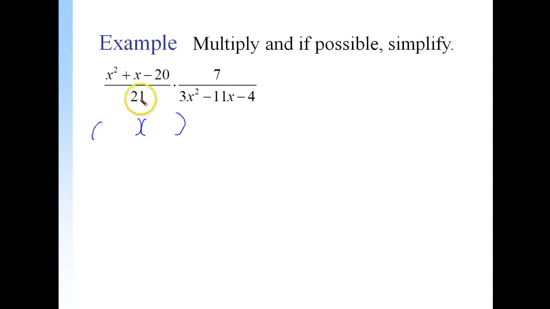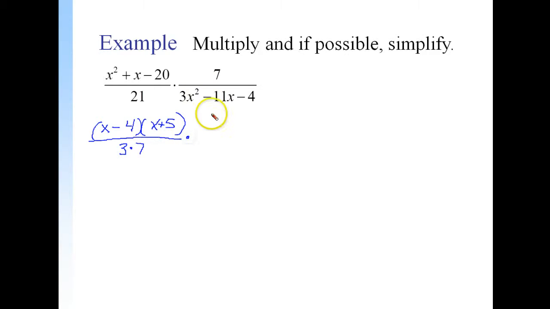2 sets of parentheses from our work with chapter 5. I need a difference of a positive 1, so this will be positive and this will be negative. And if I like, since I see the 7 up here, I could do this. 3 times 7.